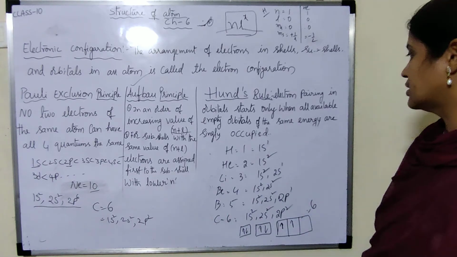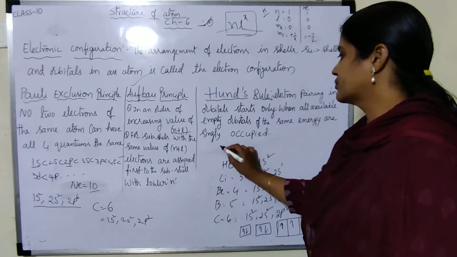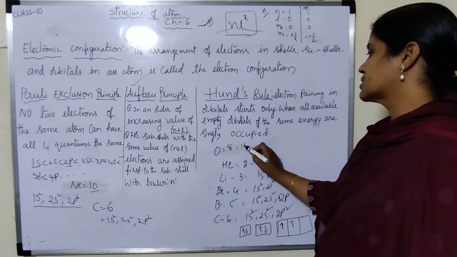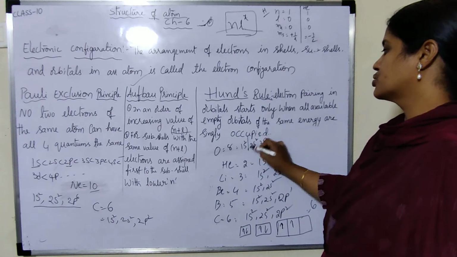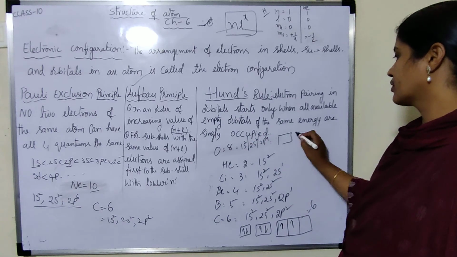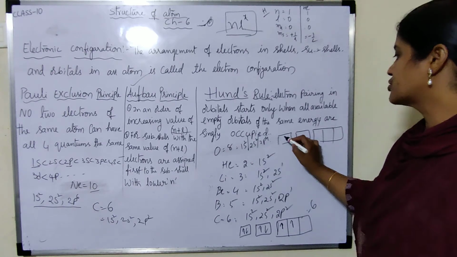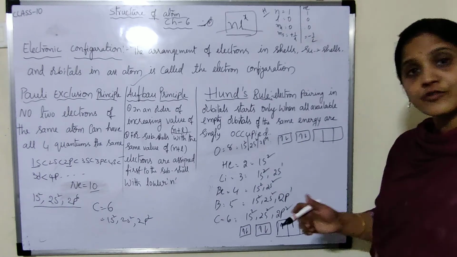For example, I will take oxygen. The oxygen atomic number is 8. So 1s2, 2s2, 2p4, that is 4, making 8. So how to fill? 1s2, 2s2, 4 are there. So how to fill the 4?